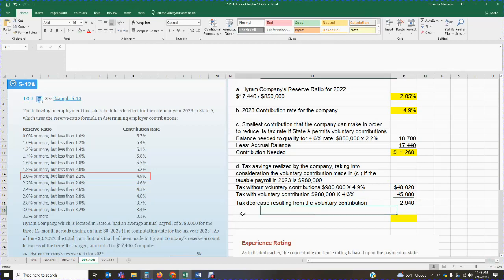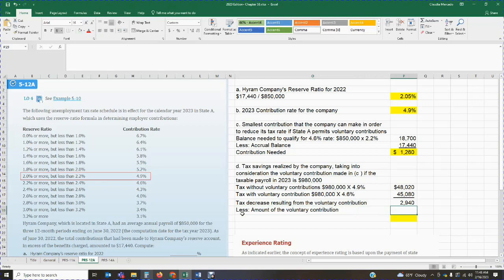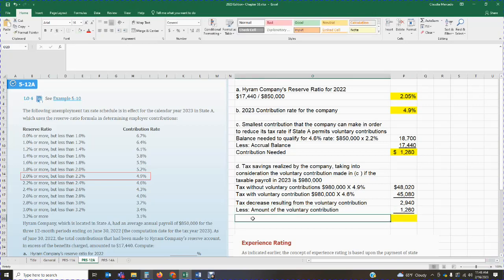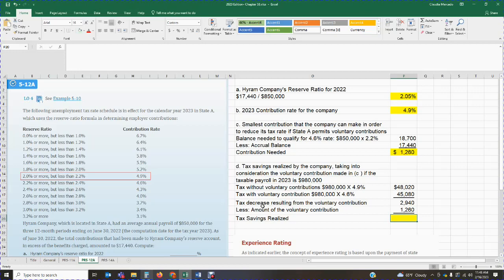Now let's deduct the amount of the voluntary contribution, because we had to put that money in. We had to pocket it out so our rate could drop. So we had to pay $1,260. The actual tax savings realized would have been, yes, a decrease in my taxes of $2,940.